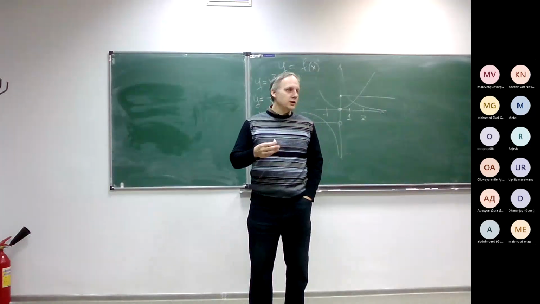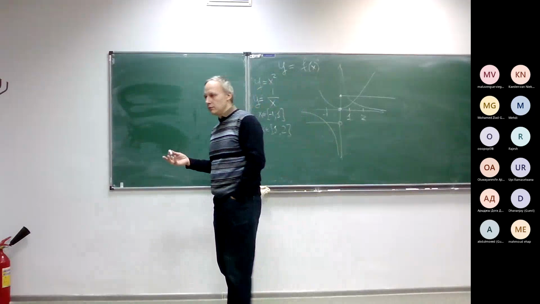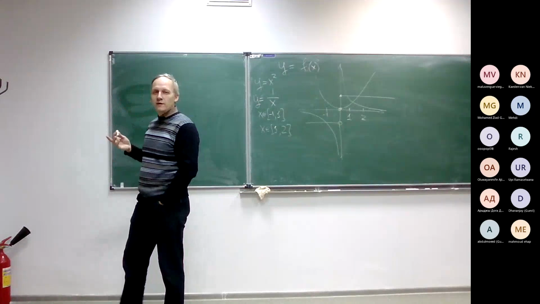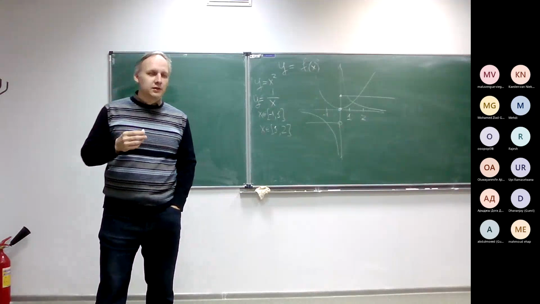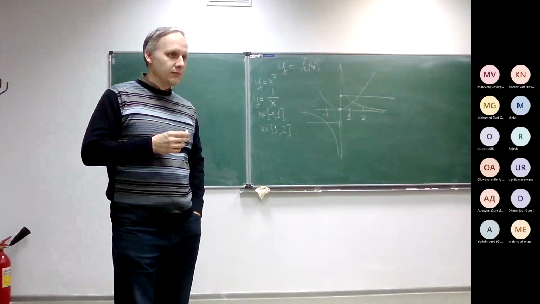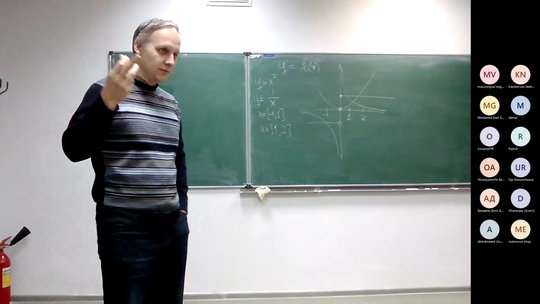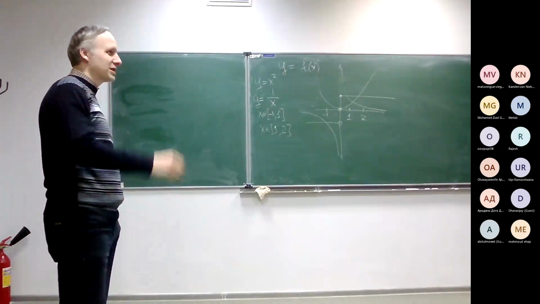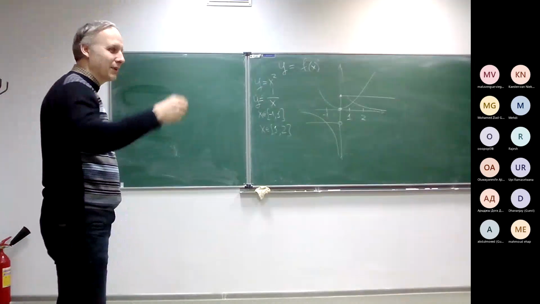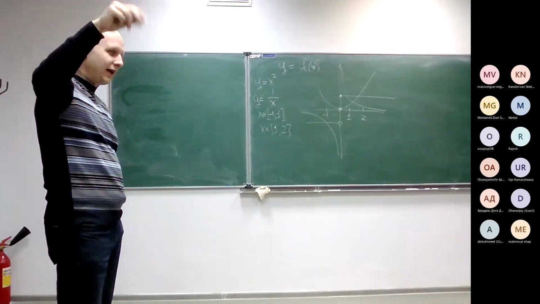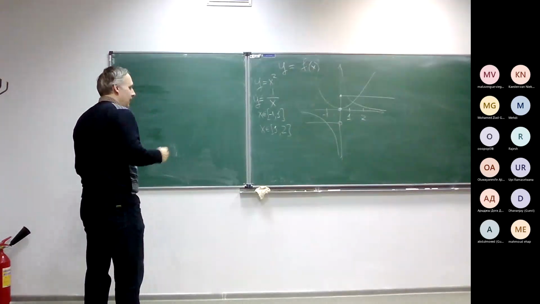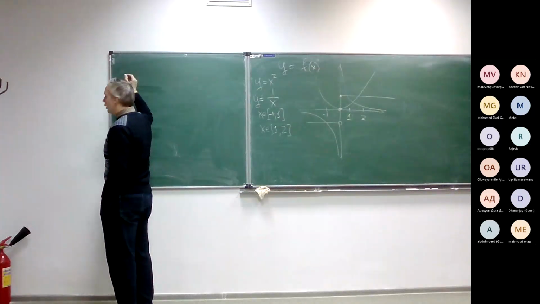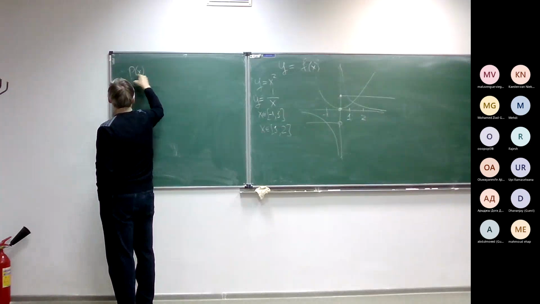How to write a polynomial in general? General form of polynomial: a x power n plus b x power n minus 1. But in mathematics we use not a, b, c, but a number 1, a number 2, a number 3. And usually we start from a0. So polynomial, let me denote this as p of x.